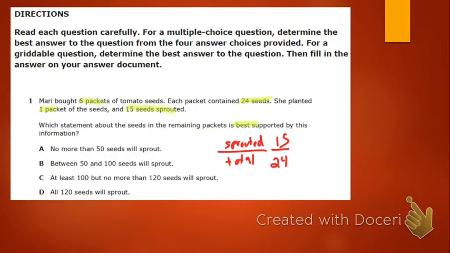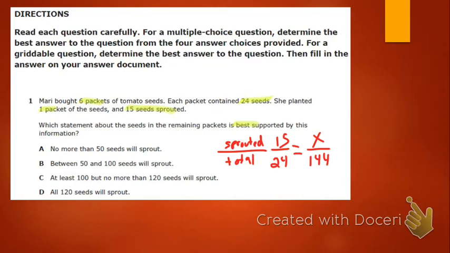So if 15 out of 24, which are in 1 packet, sprouted, if we have a total of 6 packets with approximately 24 seeds each, that would mean that there will be a total of 144 seeds, and we could expect an X amount of those to sprout. Here, y'all cross multiply and y'all can solve. But if you look at this first ratio that we have here, they're both divisible by 3.